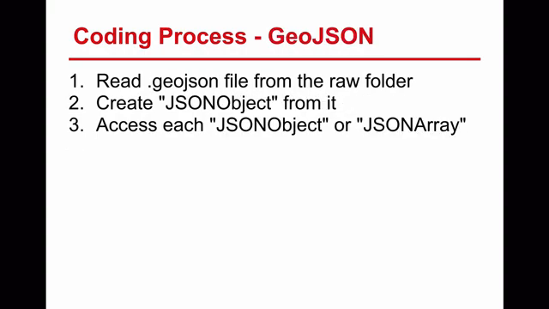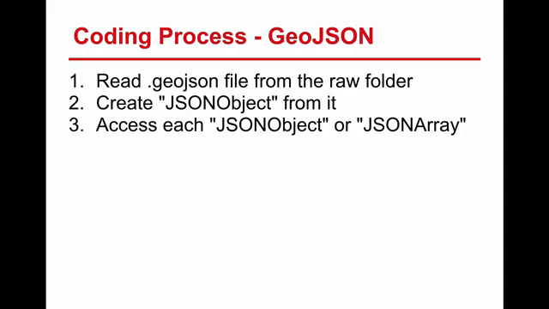The recent trend is GeoJSON because the data format is much simpler and easier to read and cleaner. First of all, you need to read the .geojson. The extension doesn't have to be .geojson, but it's common practice to create a file named .geojson.